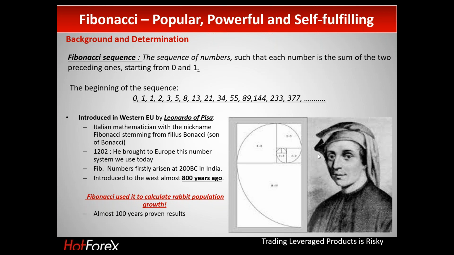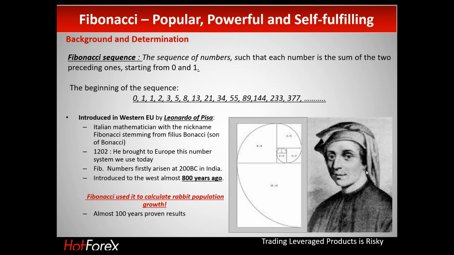So the Fibonacci numbers are, very briefly, some numbers that correlate. They have a meaning, they have a sequence, and I will explain the sequence now. But this is one of the fathers of mathematics.